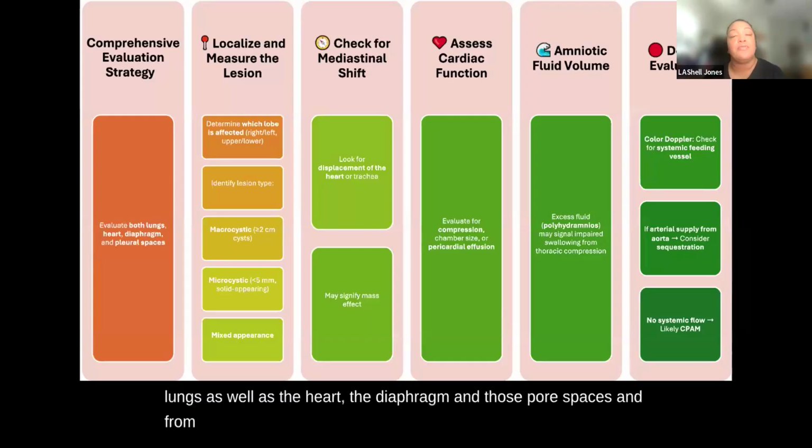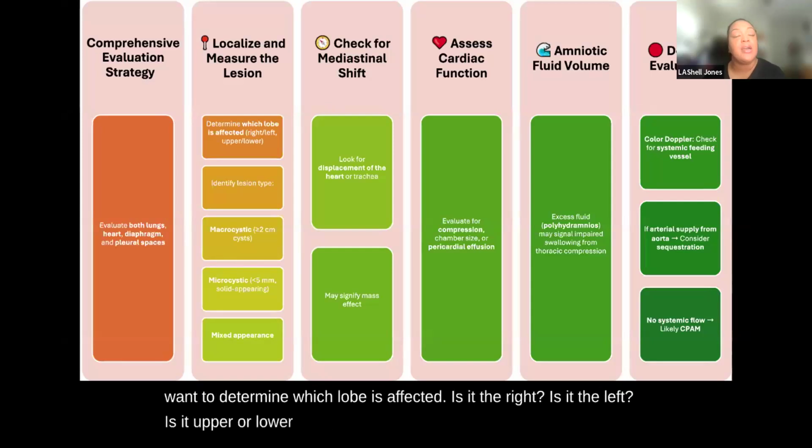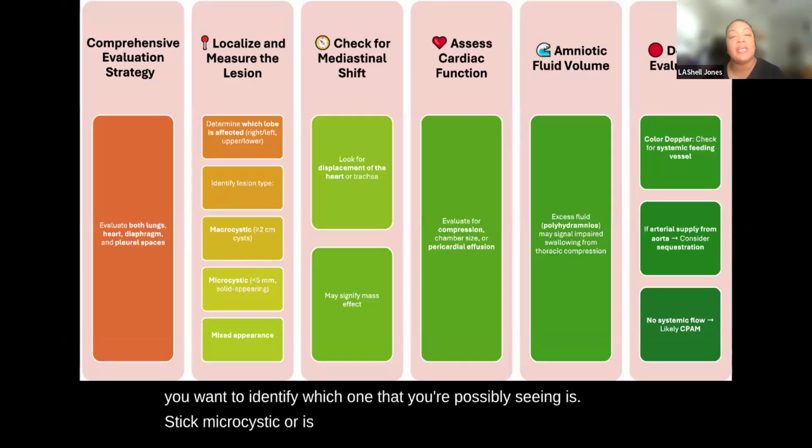And from there, if you happen to suspect or see a lung lesion, you want to determine which lobe is affected. Is it the right? Is it the left? Is it the upper or lower region? From there, of the types that we went over, you want to identify which one you're possibly seeing. Is it macrocystic, microcystic, or is it a mixed appearance?